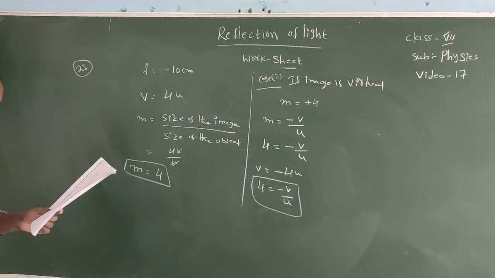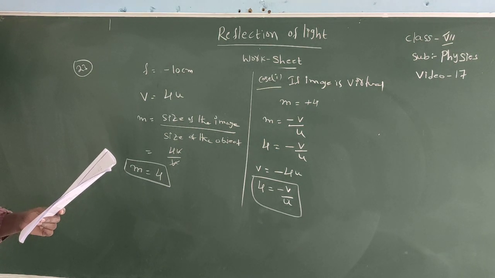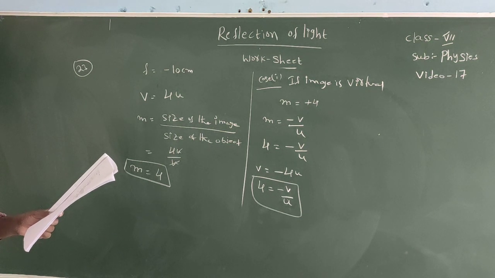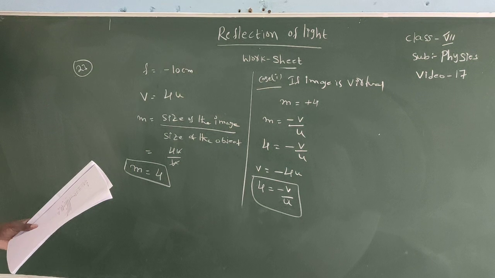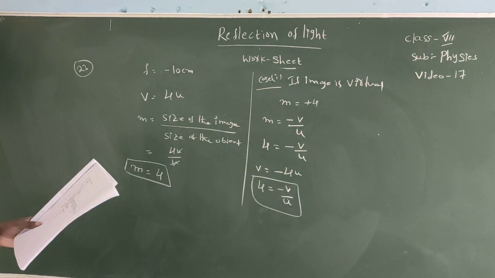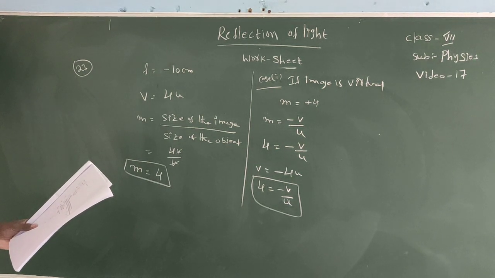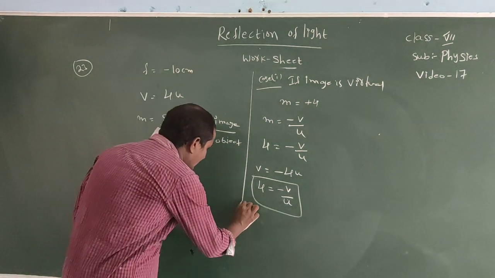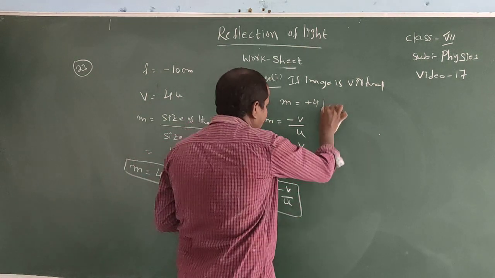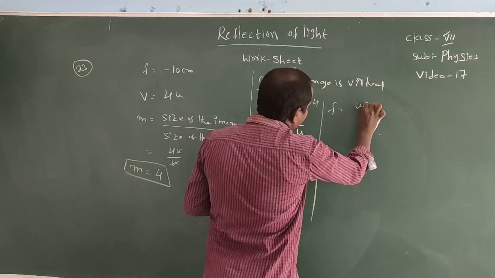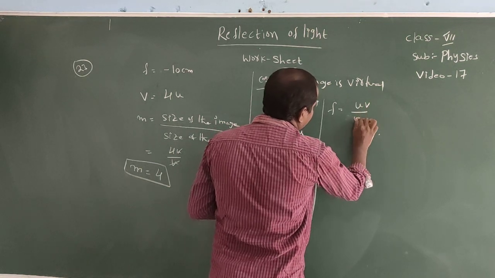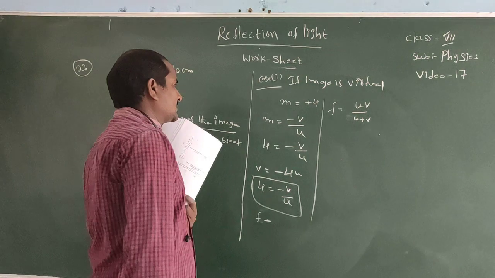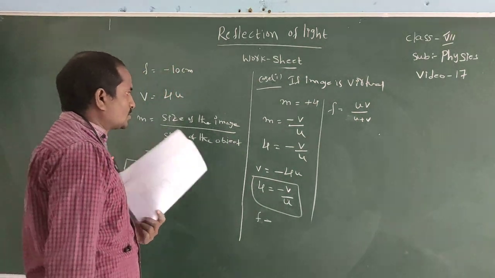Our aim is to find the focal length. So f equal to the formula uv by u plus v. Focal length f equal to uv by u plus v.